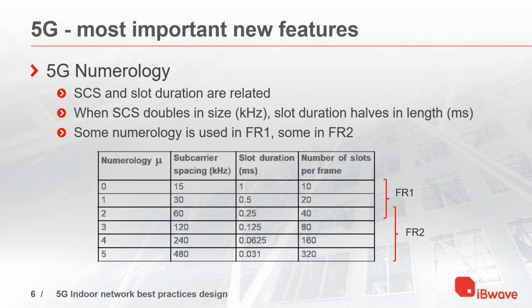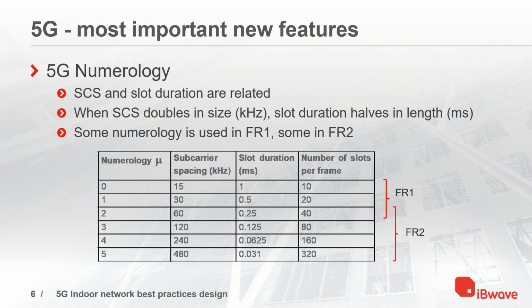And I am now listing those different numerologies in this table, and you will see that we can go from 0 to 5. Number 0 is the one that we are all familiar with from LTE. That's the one with subcarrier spacing of 15 kilohertz and with slot duration of 1 millisecond. And that one has 10 slots per frame.